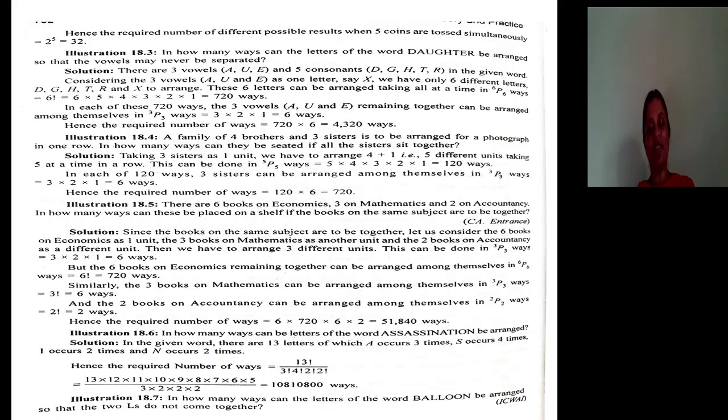But in the word assassination, how many letters get repeated? A gets repeated 3 times, S gets repeated 4 times, then I gets repeated 2 times, N gets repeated 2 times.